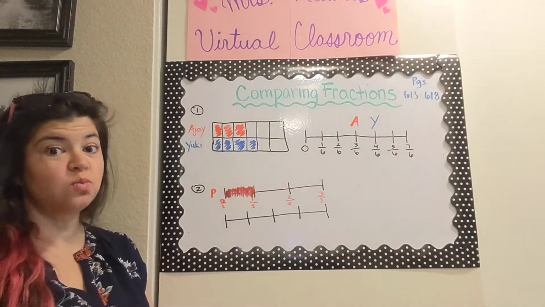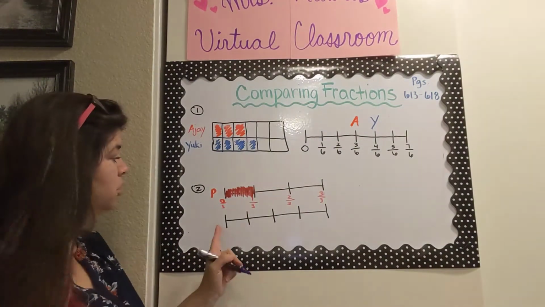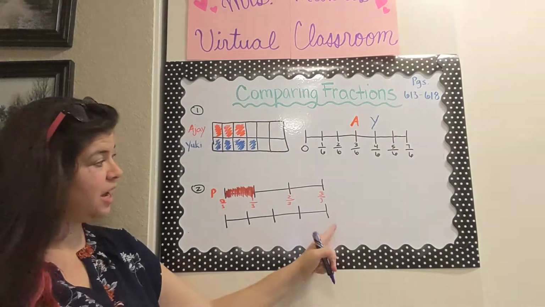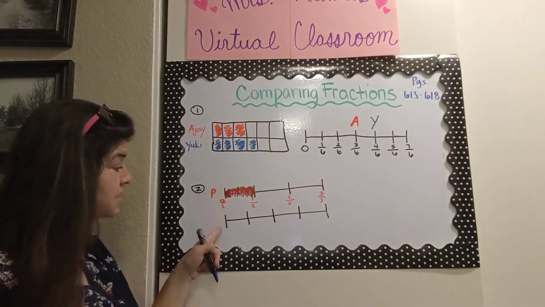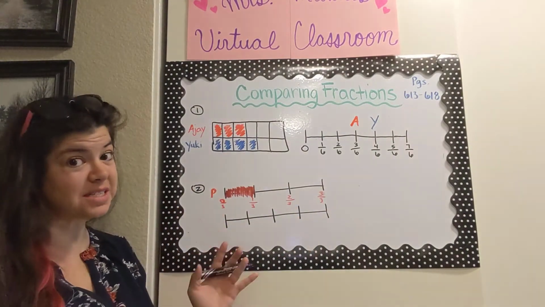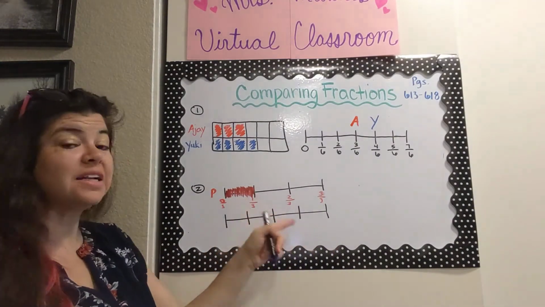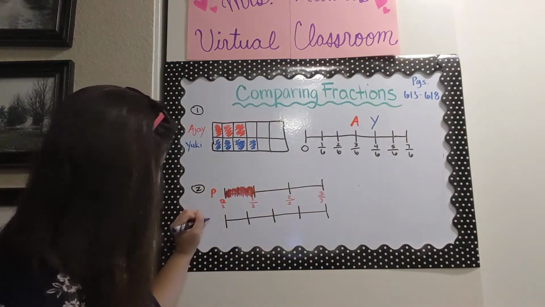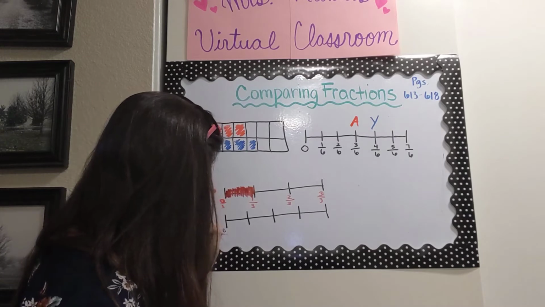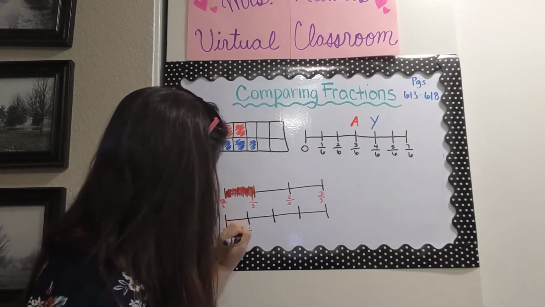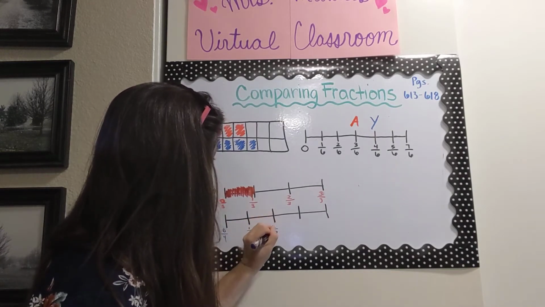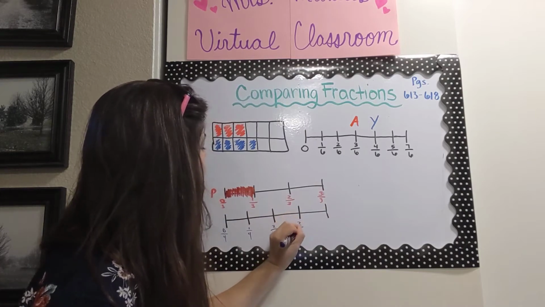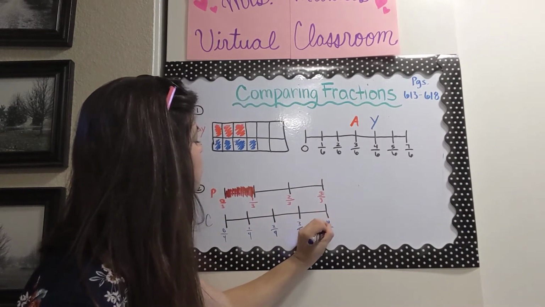Now Camille read 1/4 of her book. So I cut my number line. Remember, my number line is the same size because my book has to be the same, but it's cut into smaller pieces. So this is Camille. We have 0/4, 1/4, 2/4, 3/4, 4/4.